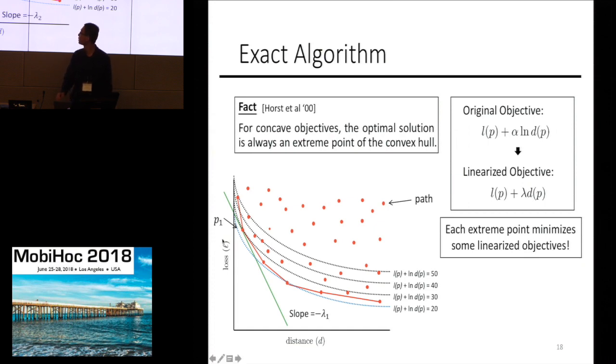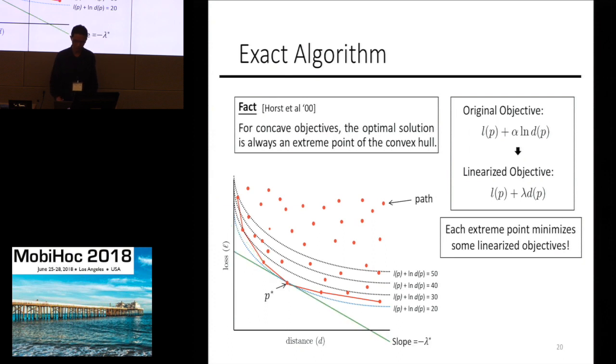And if we set lambda to be lambda 2, then we're getting this path P2. So based on this, we're able to design our XI algorithm, which is simple. By the way, for each linearized objective, we are now able to use the Dijkstra algorithm.